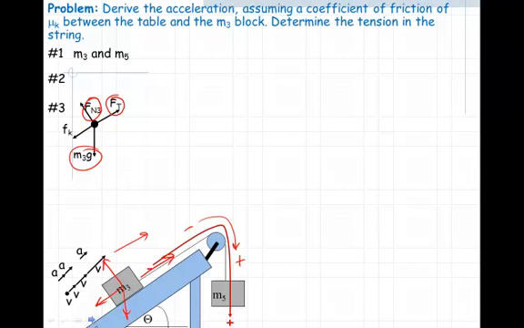Our motion map would look like this, in that we would expect the object to move up the incline with increasing velocity, so the acceleration should be up along the incline. Our force diagram for the M5 block would look like this, with the force of tension pulling upward, and the force due to gravity on it pulling downward.